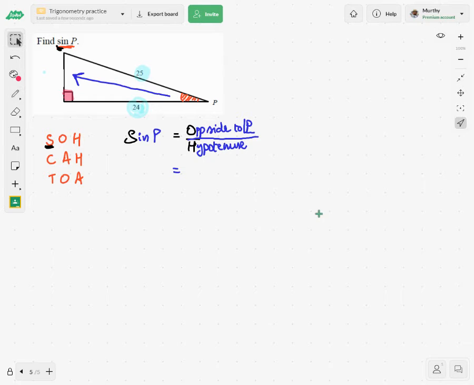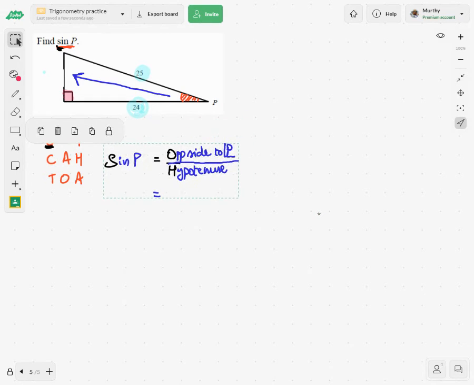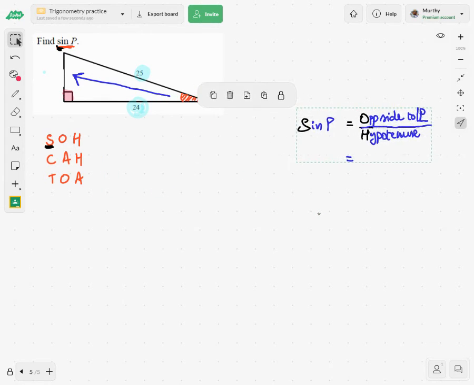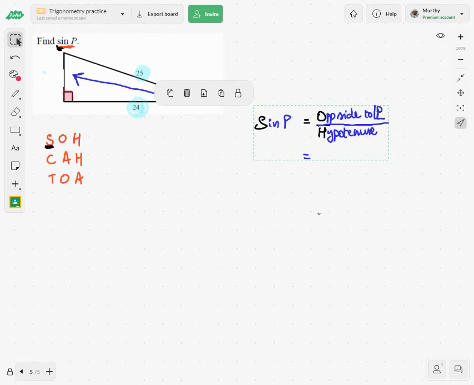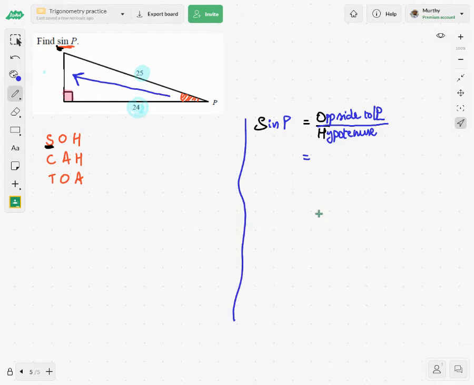So let's do one thing. Let me move to the other part here, because first of all, I have to figure out what is the missing side. So let me not touch the main question first. I'm taking Pythagoras theorem first.